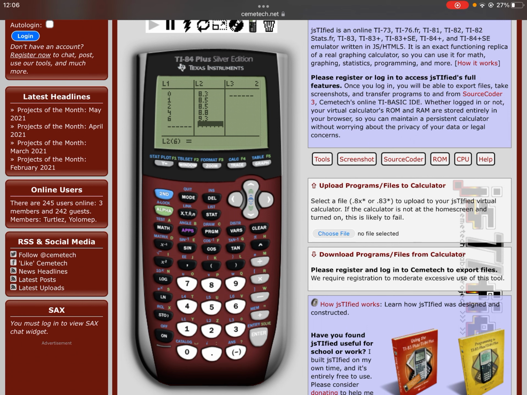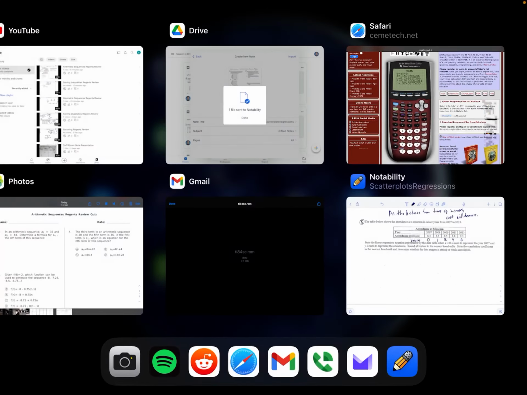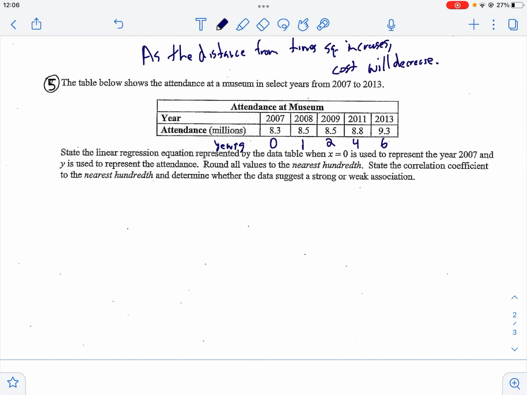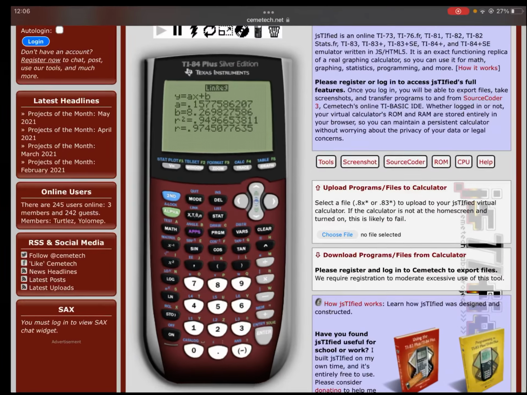Okay, once we've got all of our data in, we'll go to stat, go over to calc, and do our regression. So in this case, we're asked to state the equation and the correlation coefficient.